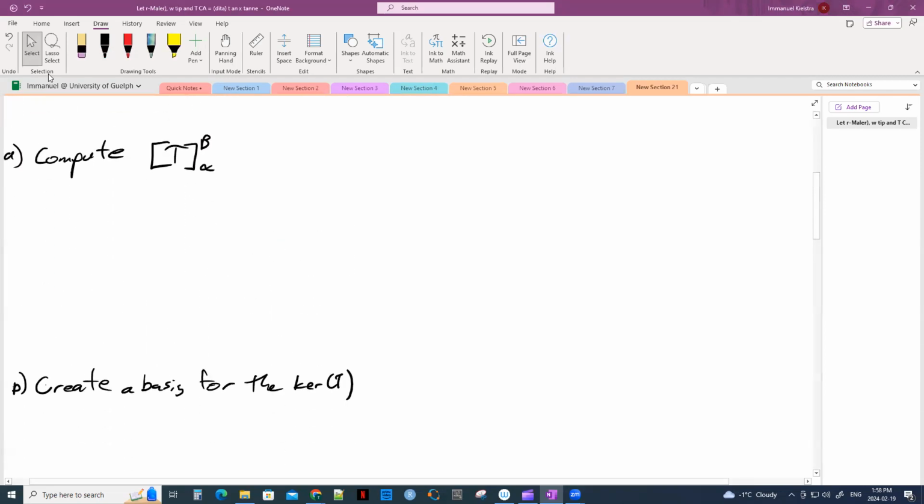So to compute the image, we're going to look at T of E11, which is T applied to the matrix 1, 0, 0, 0. The standard basis for matrices: the first entry tells me the row, the second entry tells me the column where the 1 entry is. Everything else is 0. So this is going to equal the integral from 0 to 1.